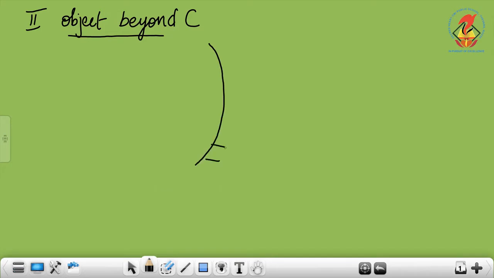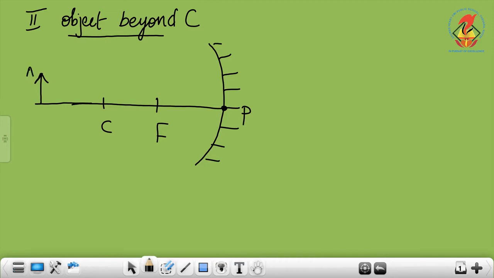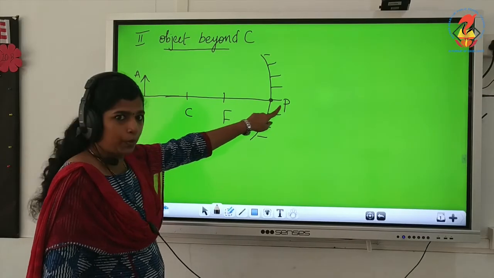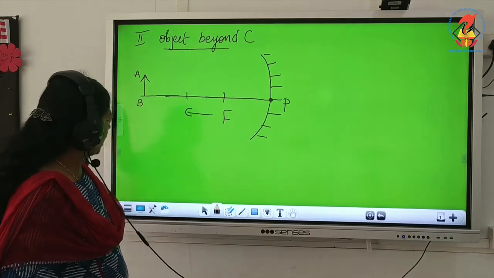So, concave mirror, pole, then I will mark the center of curvature, principal focus. Now, I will mark the object like this, A, B. So, I draw the concave mirror, mark the pole, then the principal axis.